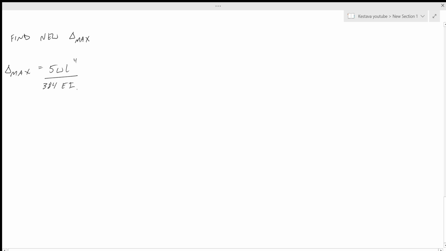But now we need I effective. Just like needing to find a new S, we need to find a new I. So come on, let's do the summation of I, which is going to be I1 plus A1 D squared plus I2.